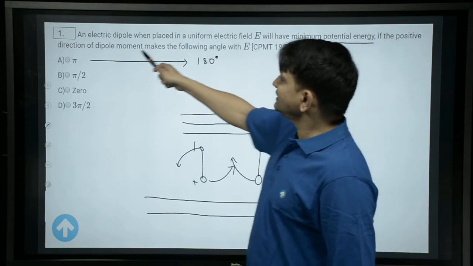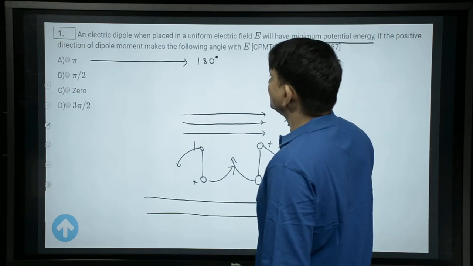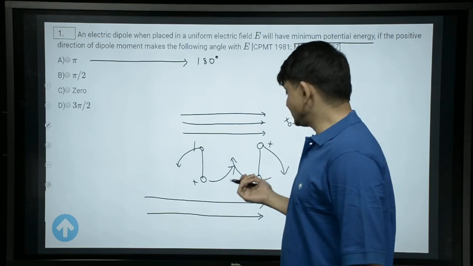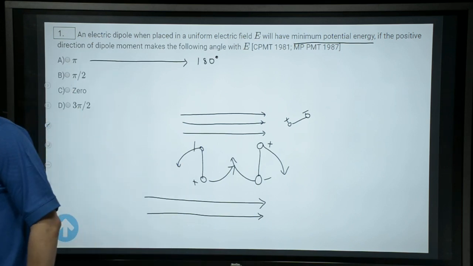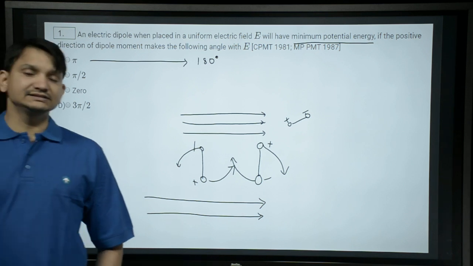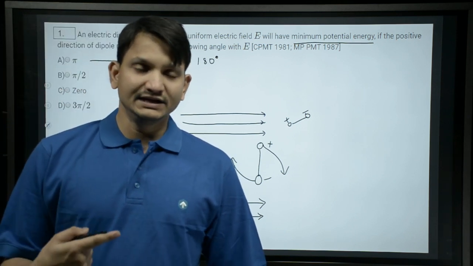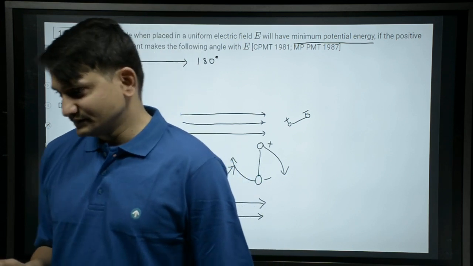If the positive direction of the dipole moment, that means, what is the direction of dipole moment? Direction of any dipole moment is from positive to negative or negative to positive? Can you try to answer this question? Direction of a dipole moment is from positive to negative or negative to positive?